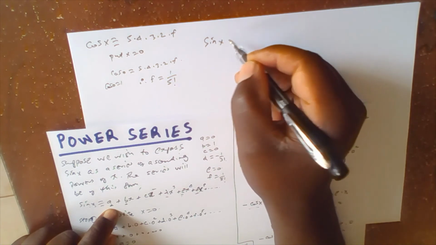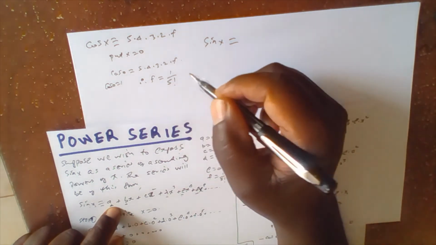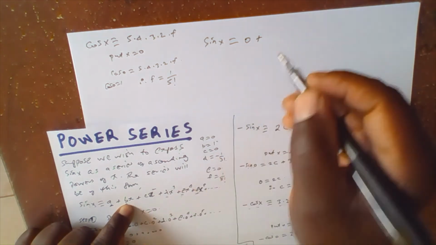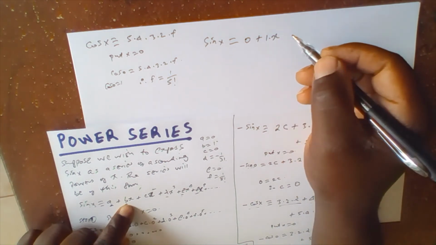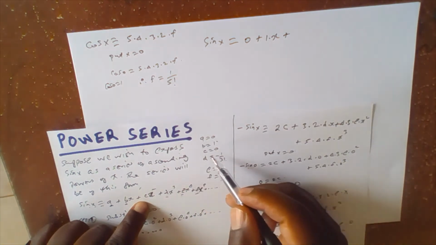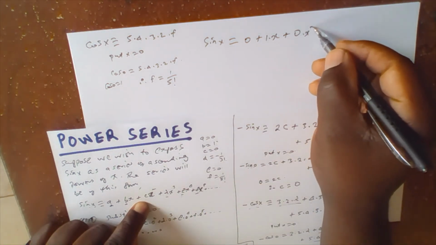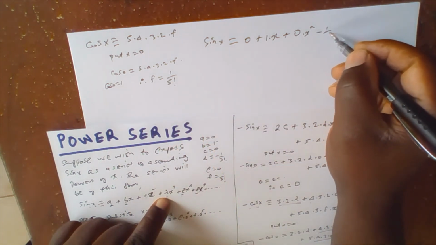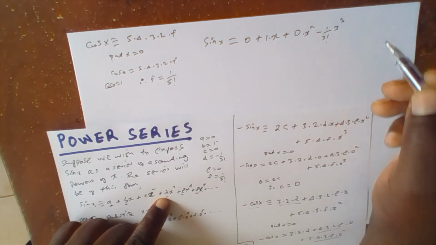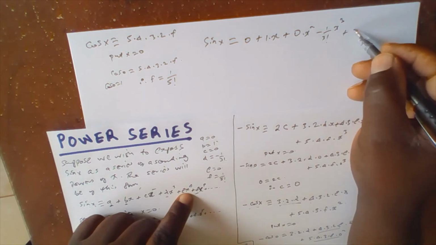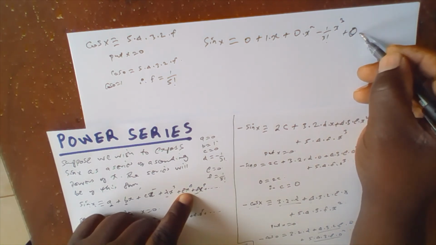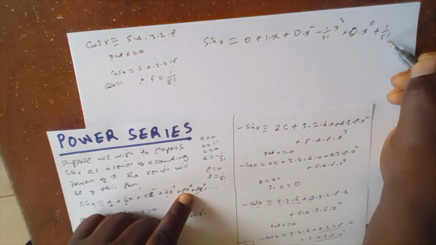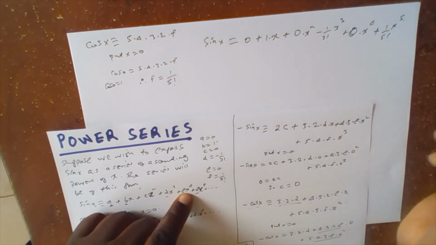So we shall say that sin x equals to a will be 0, then plus b was 1, so we have 1 times x, then plus c was 0, 0 times x squared, then d is negative 1 all over 3 factorial x cubed, then e is 0 times x raised to 4, then plus f is 1 all over 5 factorial x raised to 5.